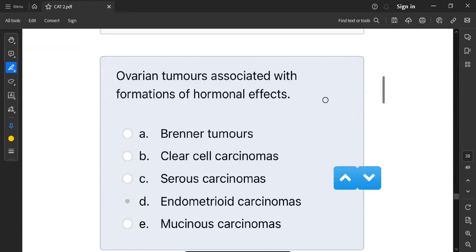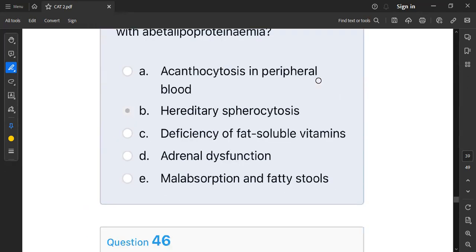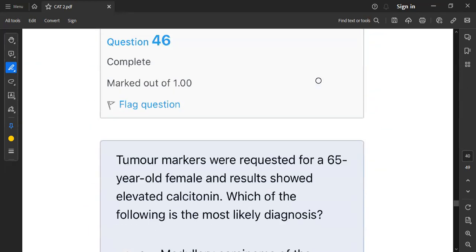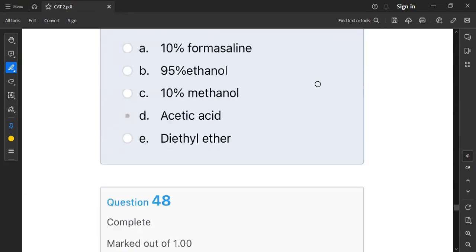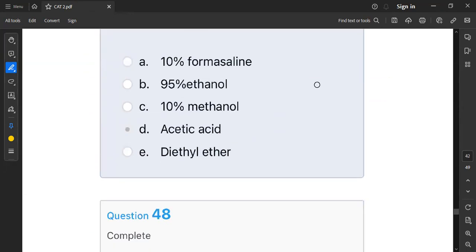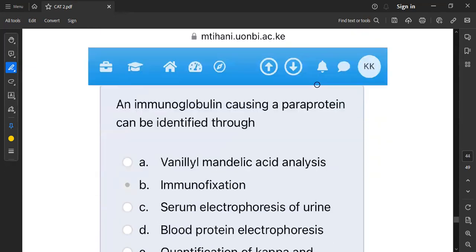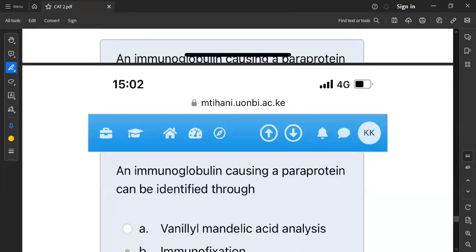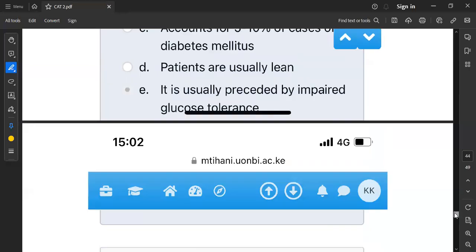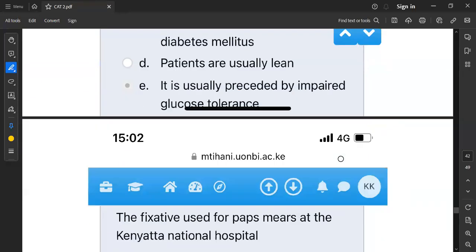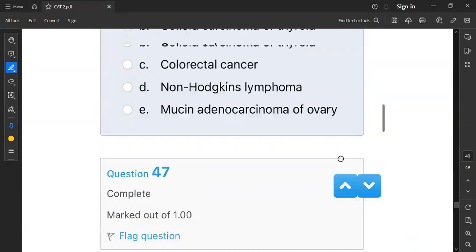In the first 10 days of neonatal life, a finding of indirect hyperbilirubinemia is most likely due to what? Question 43.